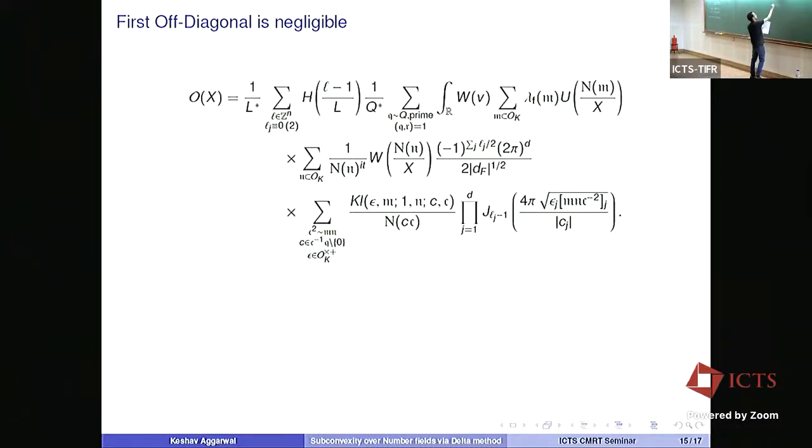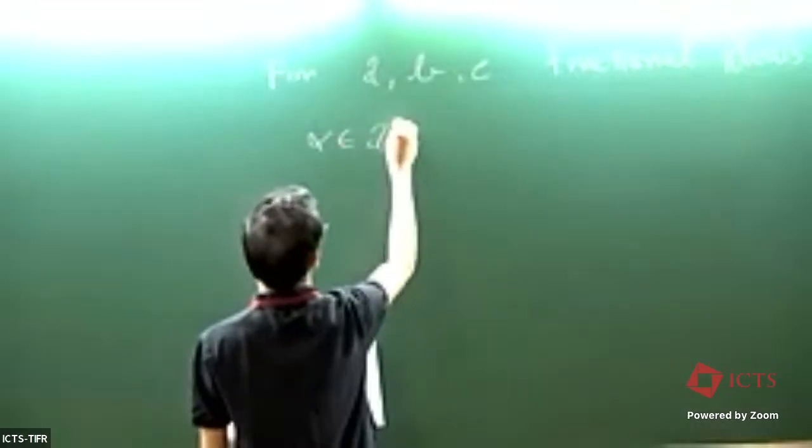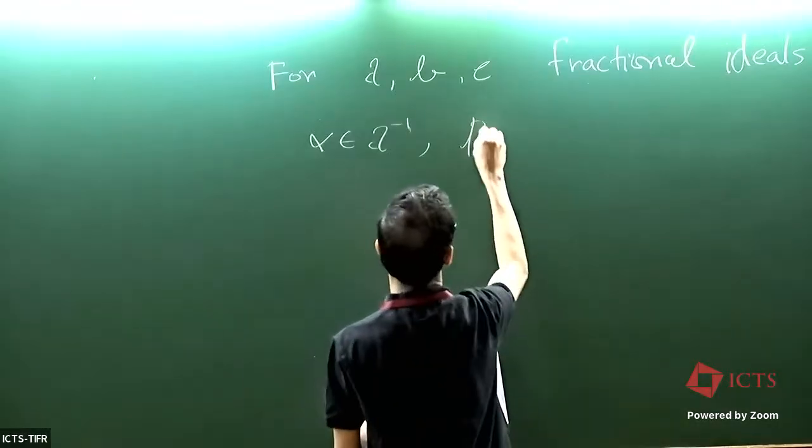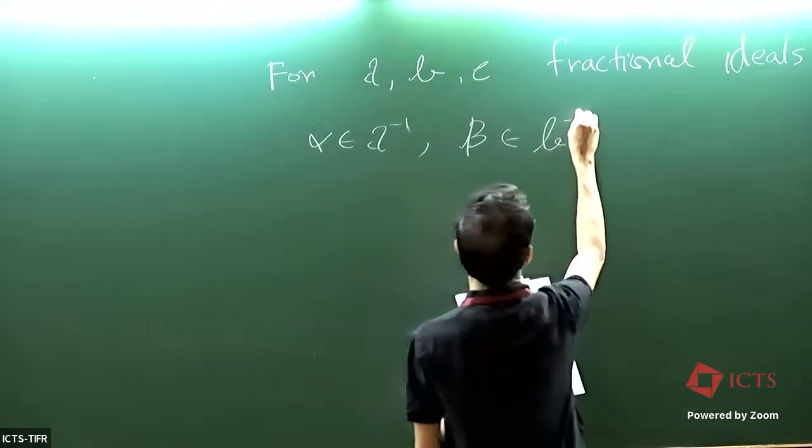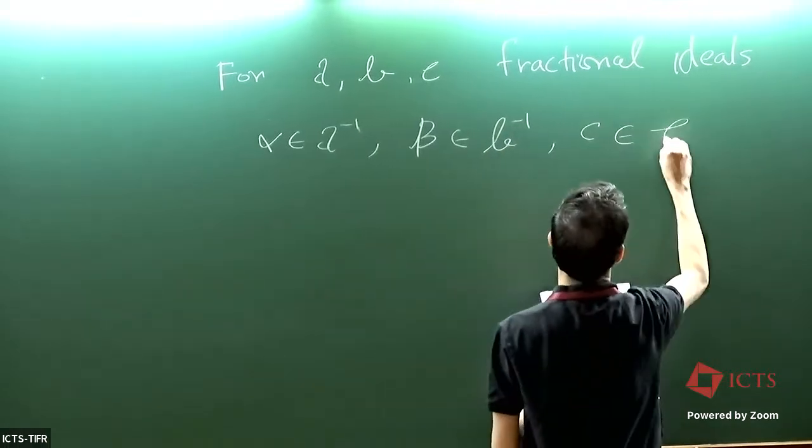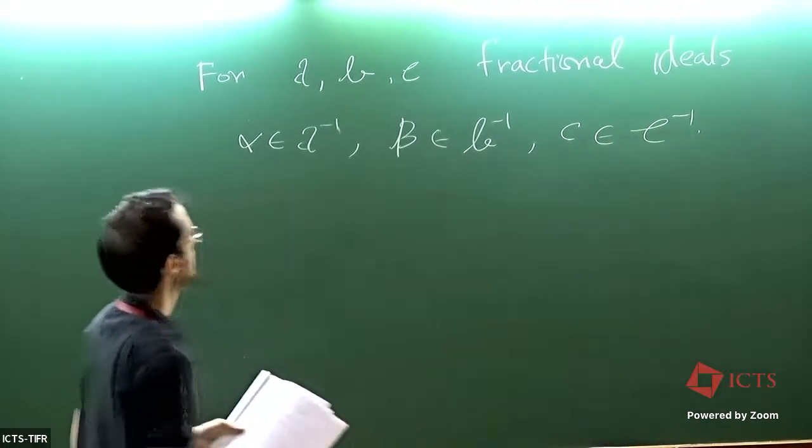So for A and B and C that are any fractional ideals, and you would like alpha in A inverse, beta in B inverse, gamma in C inverse.